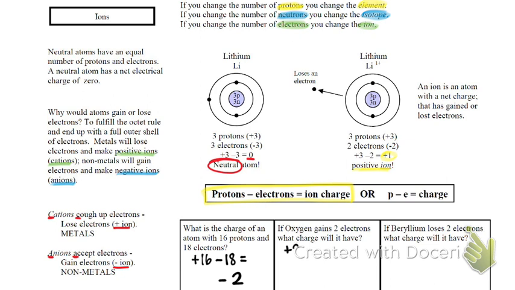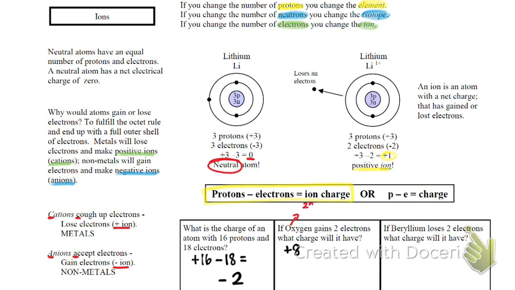Positive 8. If it's in row 2, that means its first row is full.